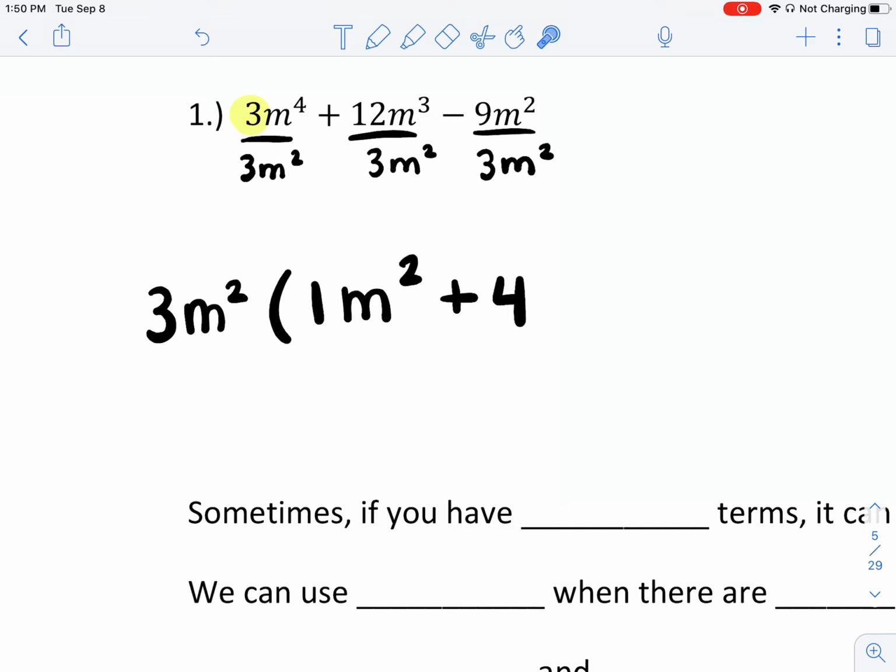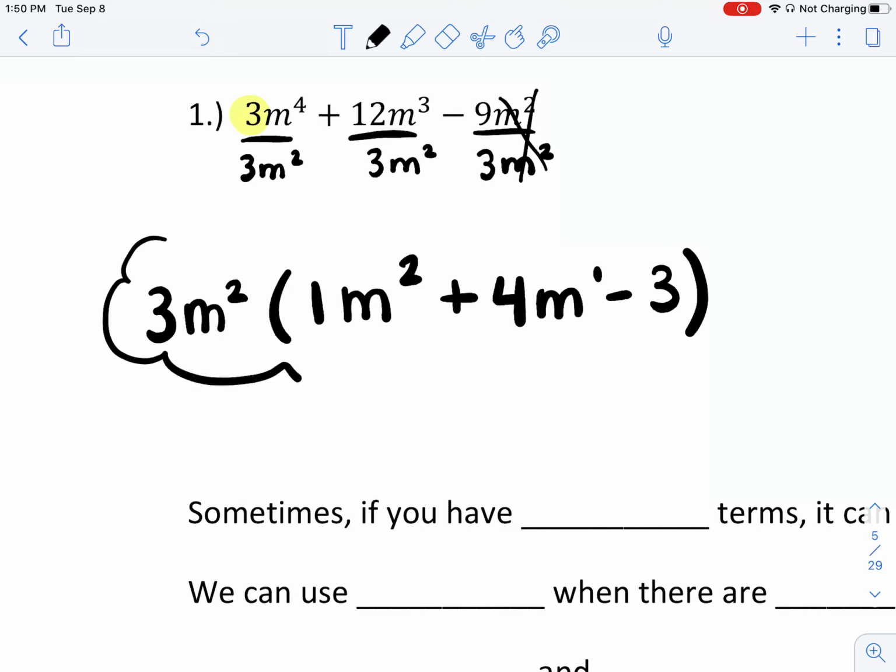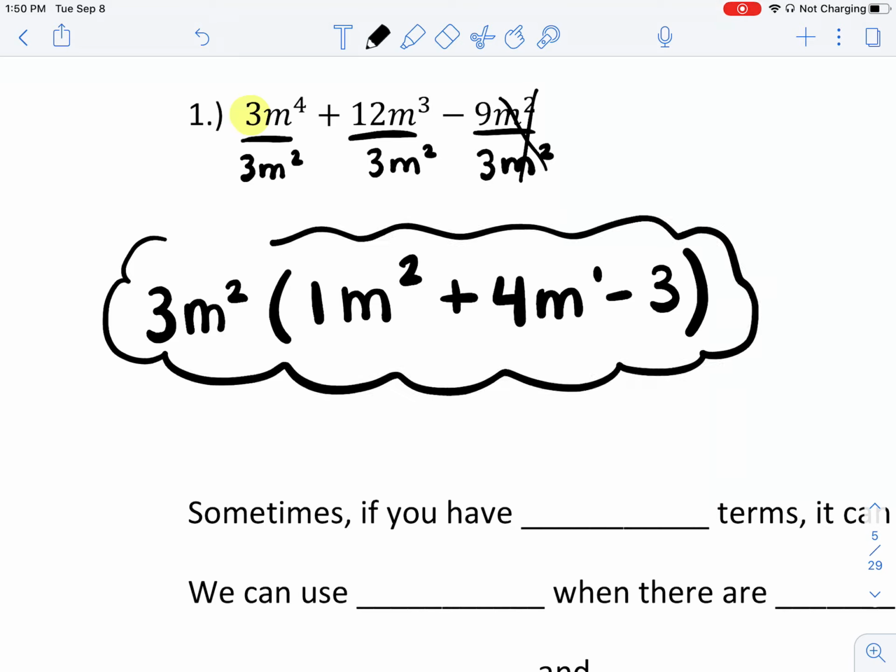Again, you're subtracting. 3 minus 2 is 1. So that's m to the 1st. Minus 9 divided by 3 is 3. And m squared divided by m squared cancels out. So we have our answer here. 3m squared times 1m squared plus 4m to the 1st minus 3.